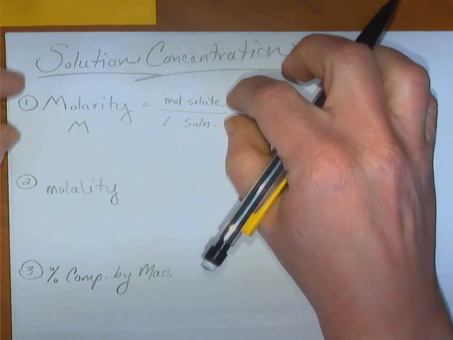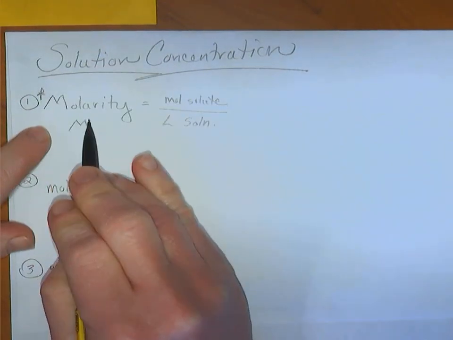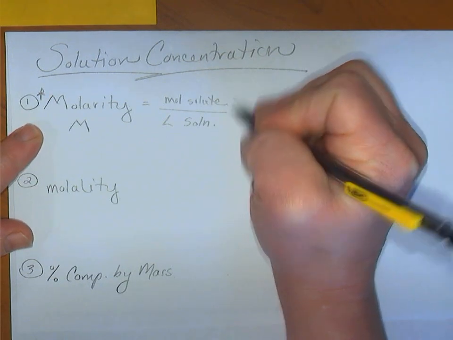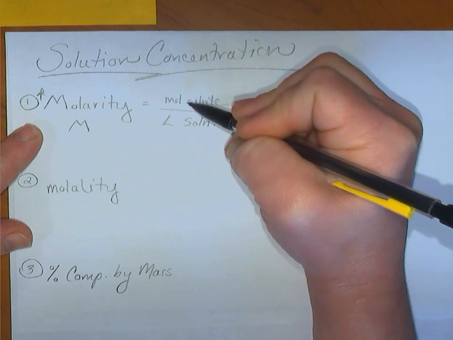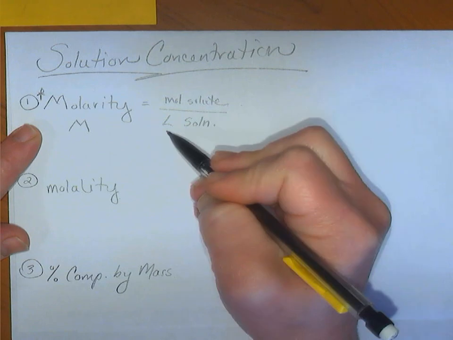So this is molarity. Molarity is the go-to solution concentration expression for chemists because it communicates concentration in moles of solute, so that can get us right to stoichiometry or simple calculations per liter of solution.